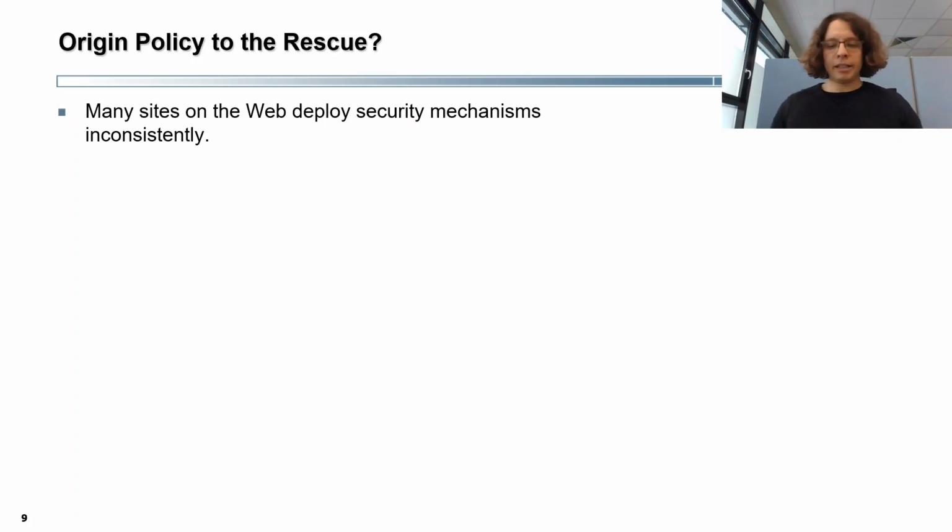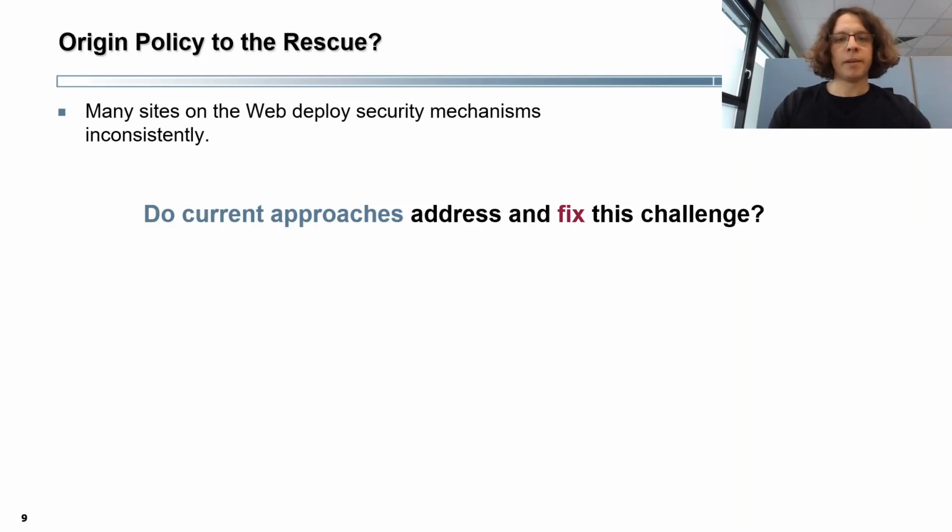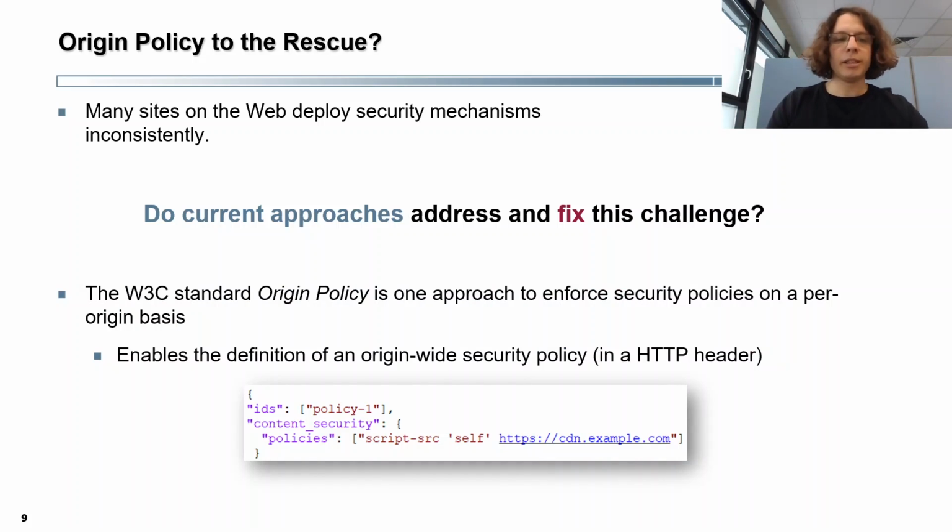Now, when we identified this problem, we were wondering how can users protect themselves, or how can website or service providers account for the problem? We wondered whether current approaches help to fix this challenge. And what we did is we looked at origin policy, which is a W3C standard, which helps to enforce secure policies on an origin.